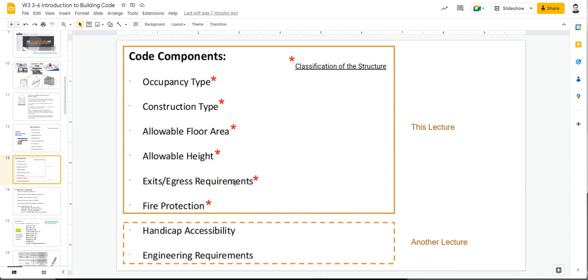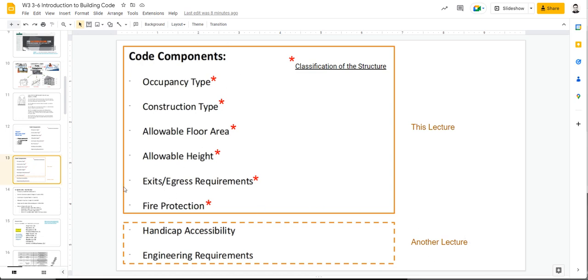And then we talked about exits, how many exits, how far the exits. We talked about the width of the corridor to that exit. Then we talked about fire protection, which is the sprinkler system, at the very start. Handicap accessibility and engineering requirements we're going to reserve for another lecture.